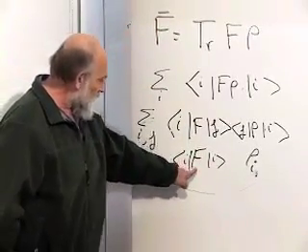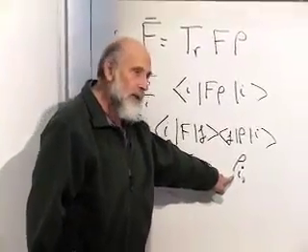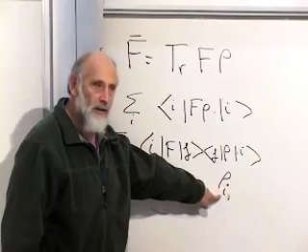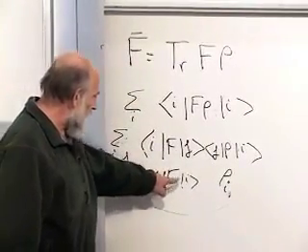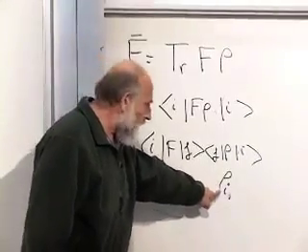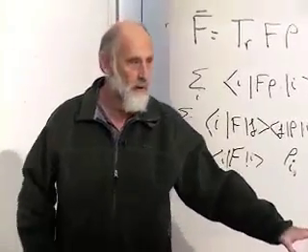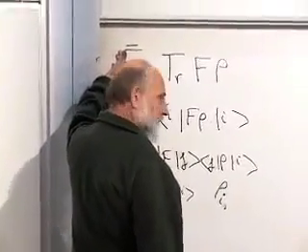This is the expectation value of f in the state i. This is the probability that the state was made in configuration i. And this is just the sum of the expectation values of f weighted with the probability distribution for different states. Okay? So it makes sense to call this the average of f.